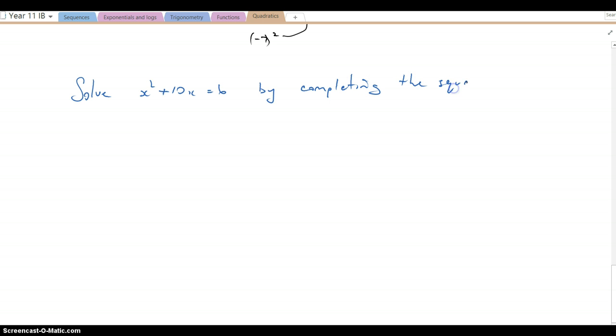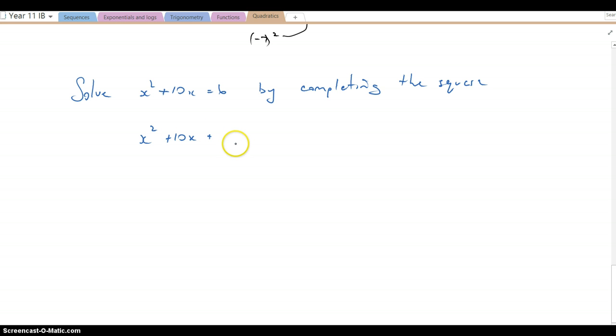Now, if it didn't instruct me to solve this by completing the square, I probably wouldn't. I'd probably use the quadratic formula, I suspect, and we'll get to using that technique after this. Right, so what we do here is go, okay, x squared plus 10x equals 6, terrific. I need a perfect square. So what I'm going to do is create some space for this third term here.